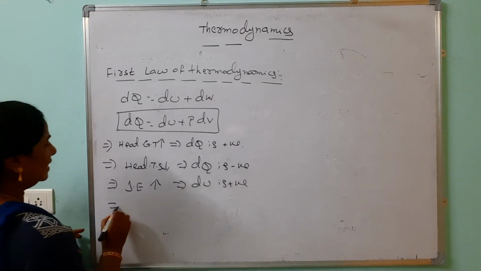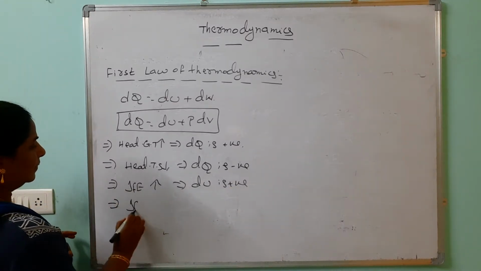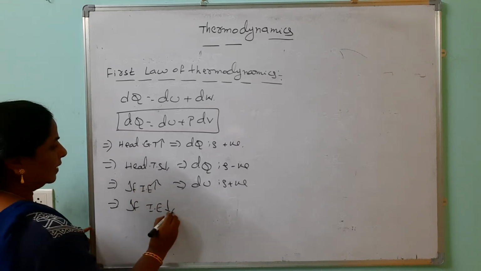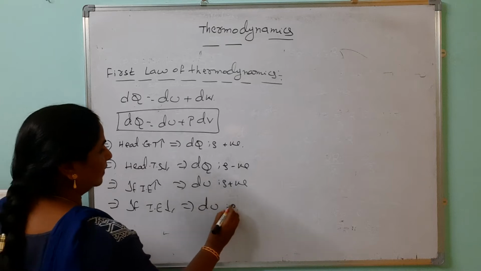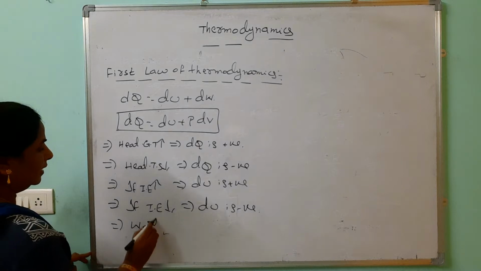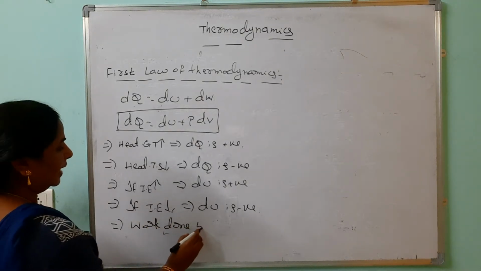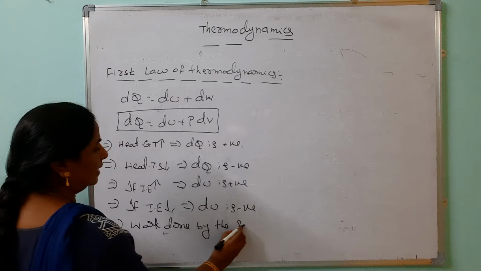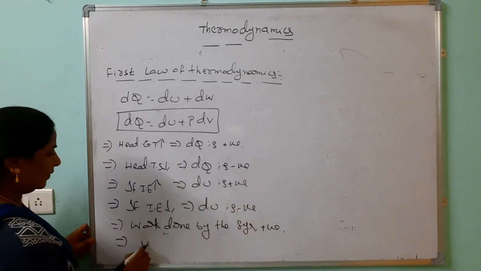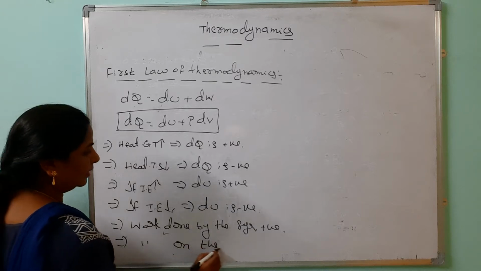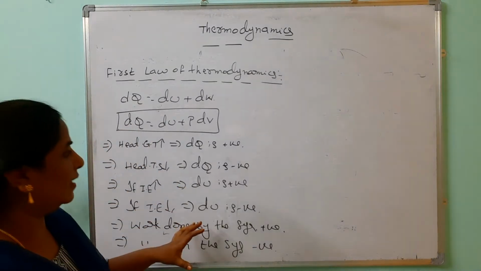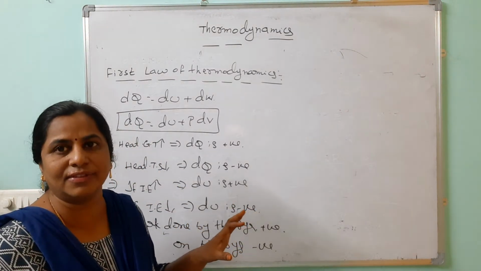If internal energy decreases, you can say dU is negative. Then work done by the system, we can take as positive. Like that, work done on the system, we can take as negative. So we must remember this sign convention belonging to the first law of thermodynamics.